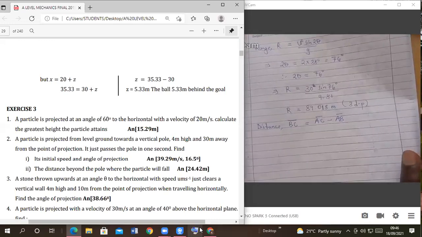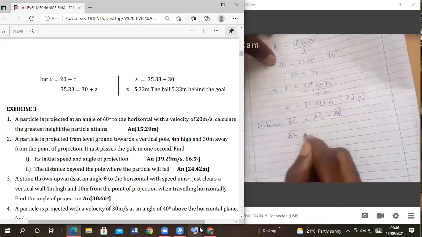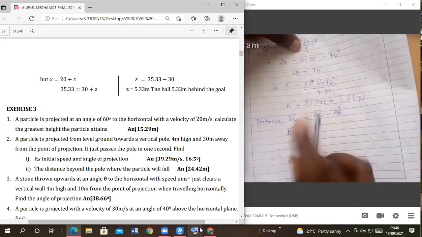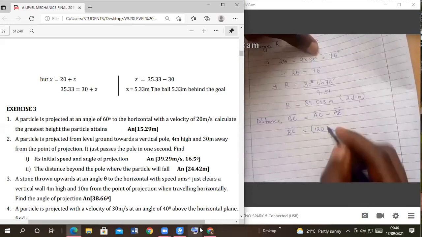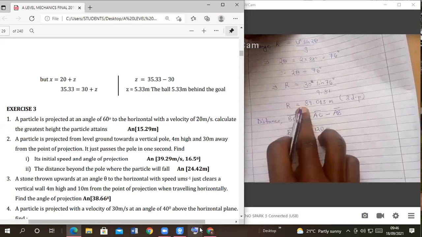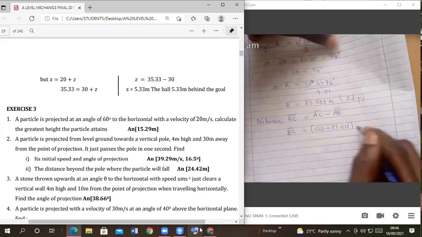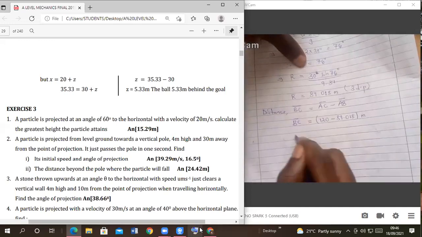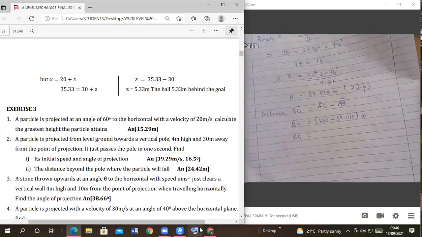Members, are we together? AC was 120 minus AB, which we have just got, which is 89.018 meters. So what do you get? 30.982.